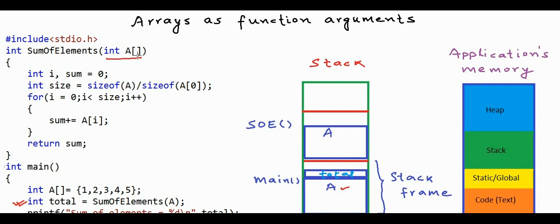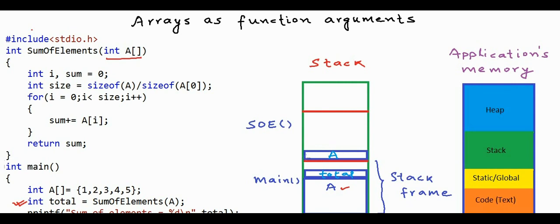But actually this doesn't happen. When the compiler sees an array as a function argument, it does not copy the whole array. What it actually does is just create a pointer variable by the same name. Instead of creating the whole array, it just creates a pointer to the data type of the array.